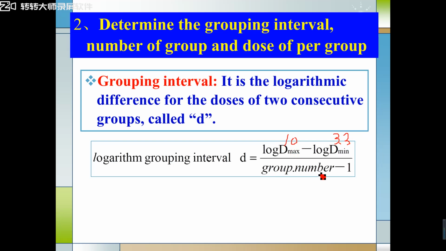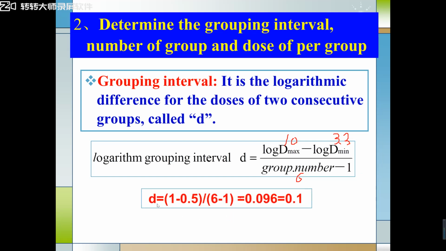And the group number: later, we will divide our experiment animals into 6 groups. So we put these values into this equation, and then D equals log 10 subtract log 3.3, divided by 6 subtract 1, and then we can calculate D.